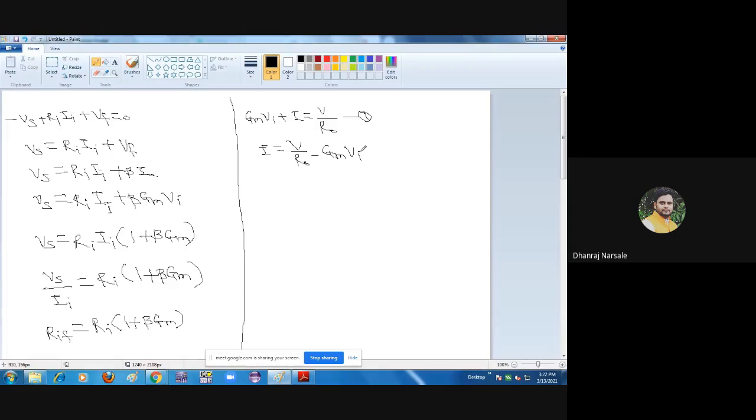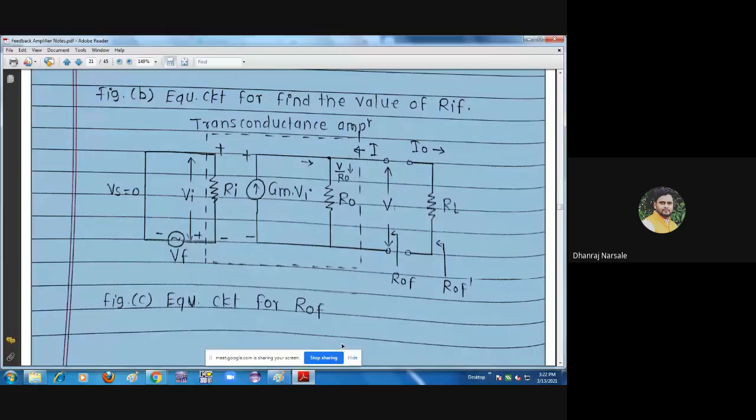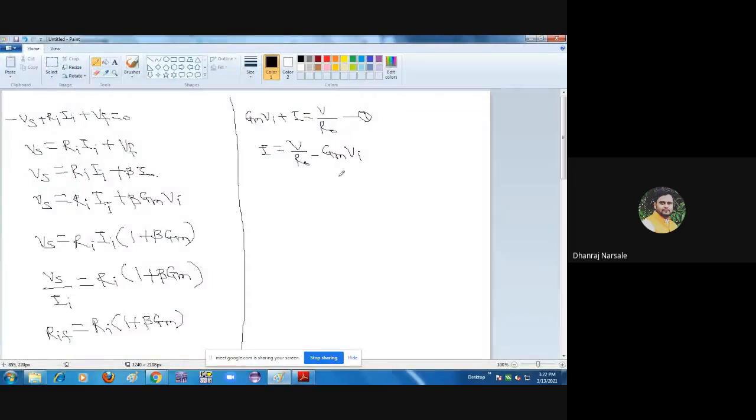Okay. Then here, what is the value of Vi? We saw the value of Vi earlier. Vi is equal to minus Vf, because applying KVL gives Vs equal to Vi plus Vf, so Vi is equal to minus Vf. Put it here. If we put the value of Vi as minus Vf, what is the next equation?